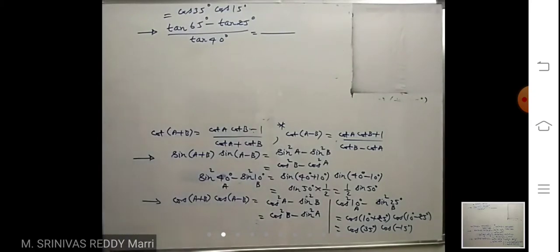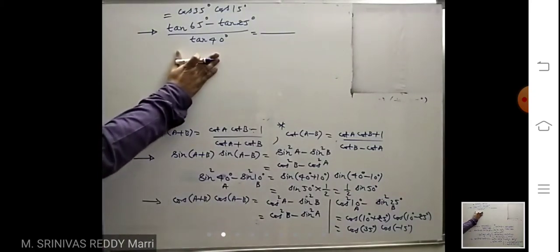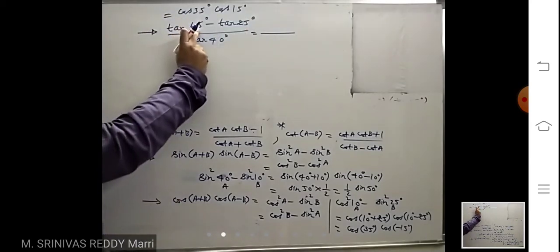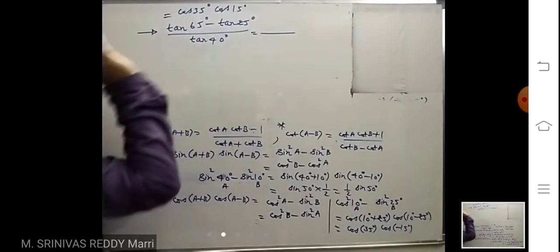Suppose look at this problem. So here, in tan, three angles are there, 65, 25, 40.